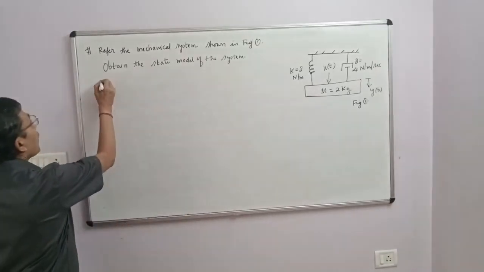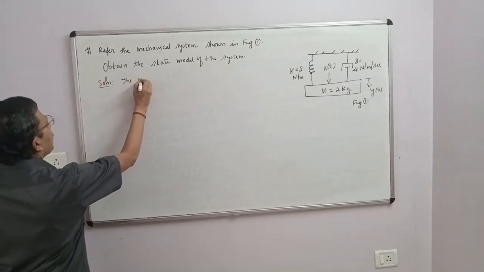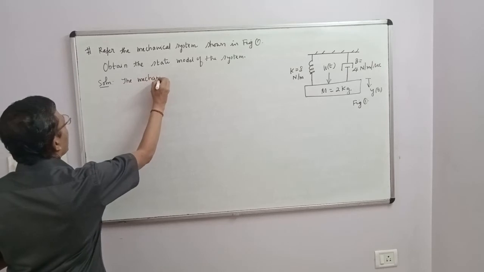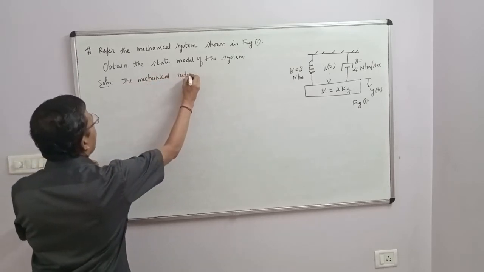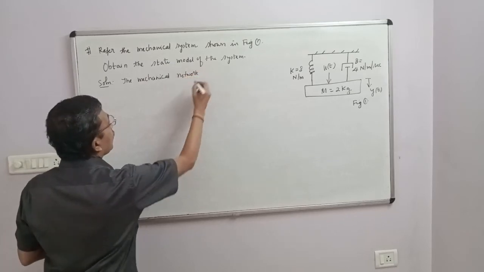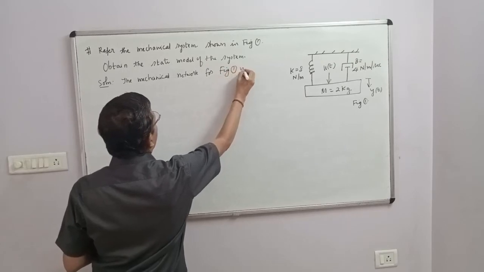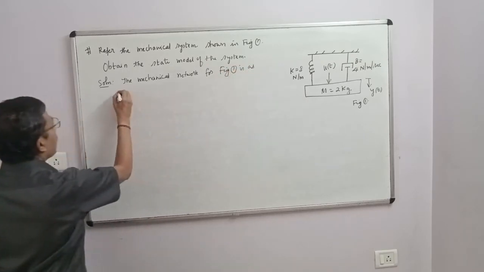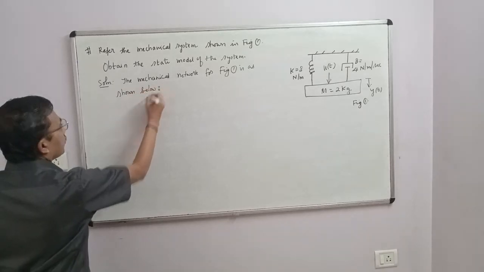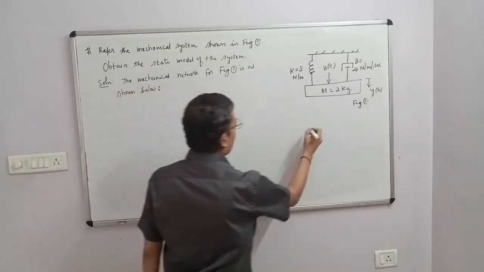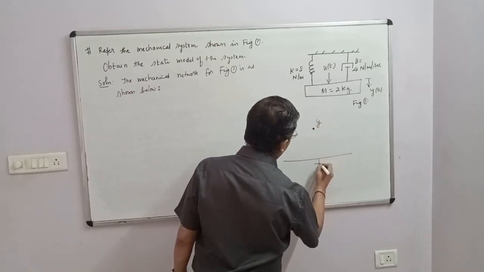Solution. The mechanical network for figure 1 is as shown below. We have only one independent node, which is Y. This is the reference node.